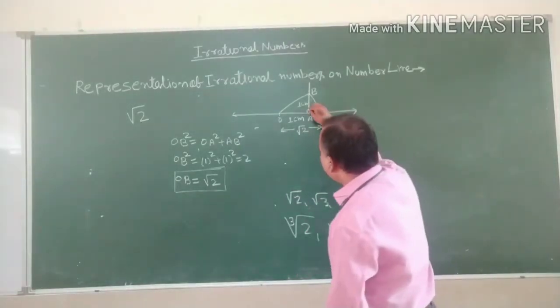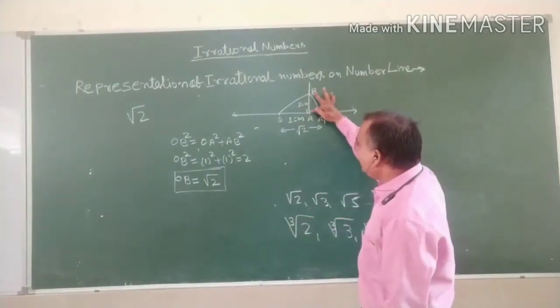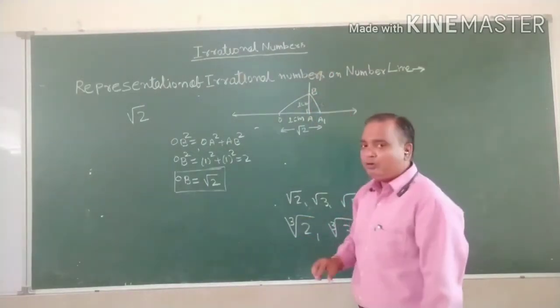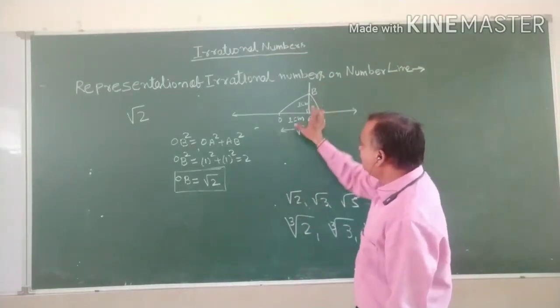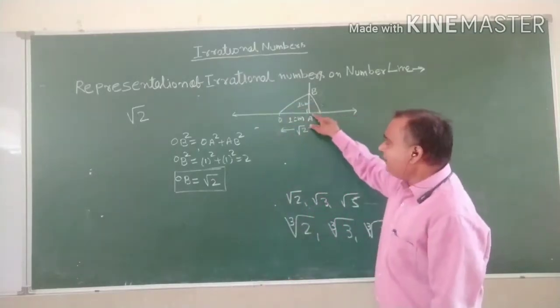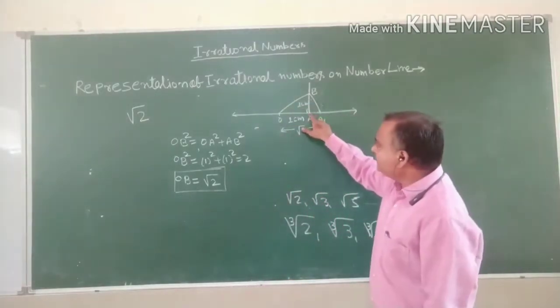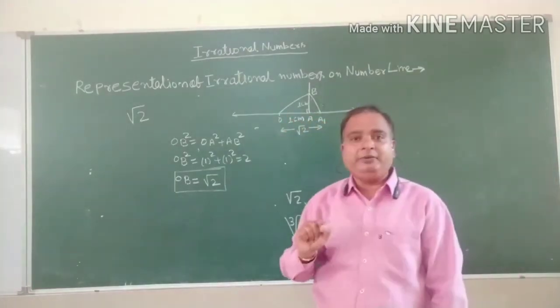Now from point A I draw a right angle. Take A as the center and the radius equal to AO, or 1 centimeter.